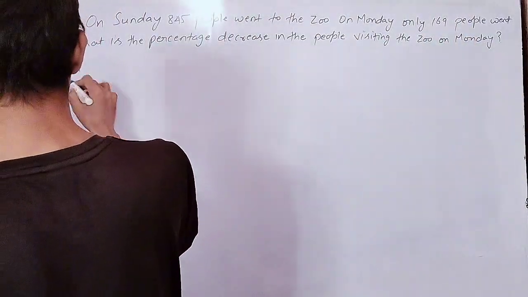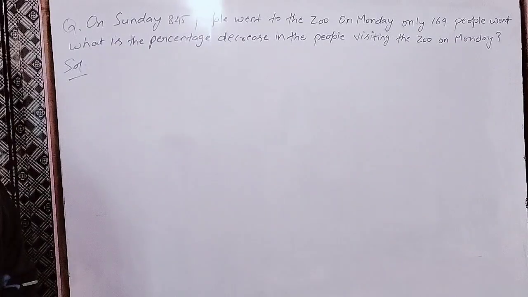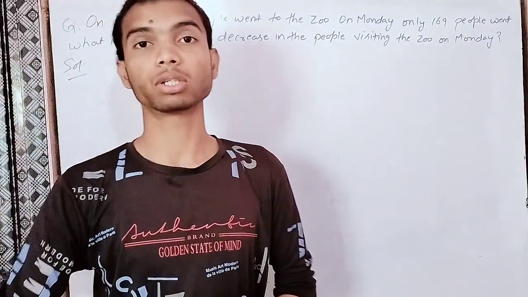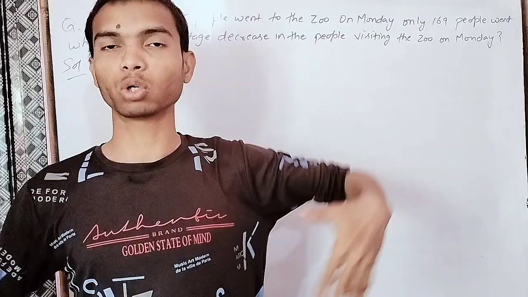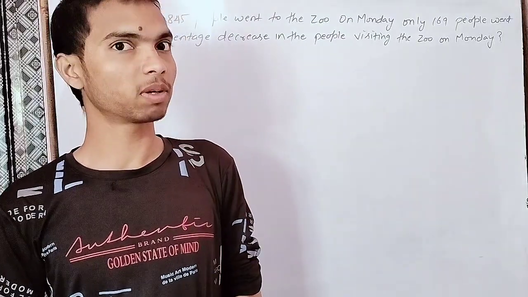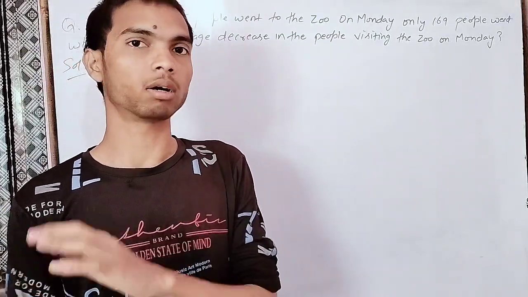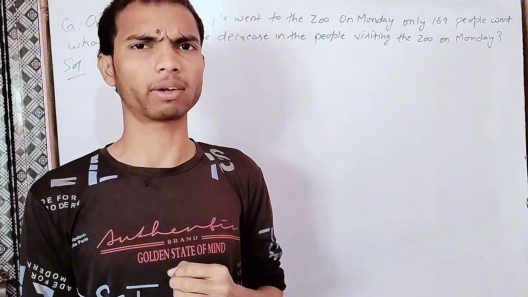You read this question, then solve it. On Sunday, 845 people went to the zoo to visit. How many people went on Sunday? 845.